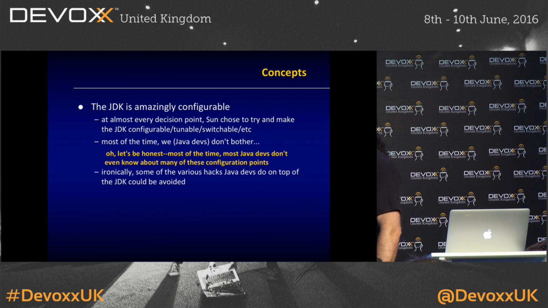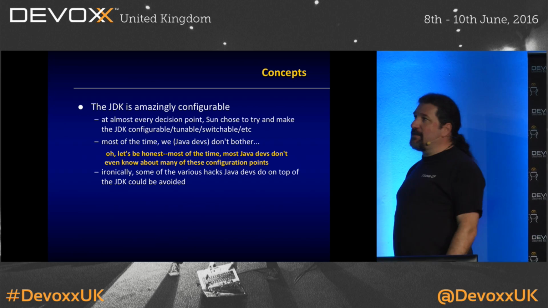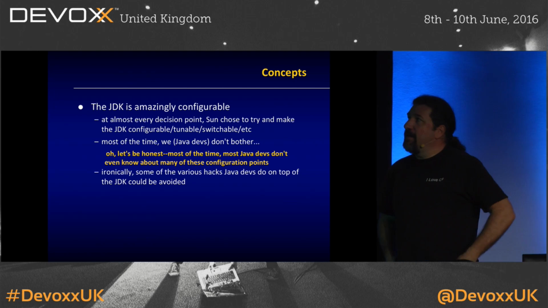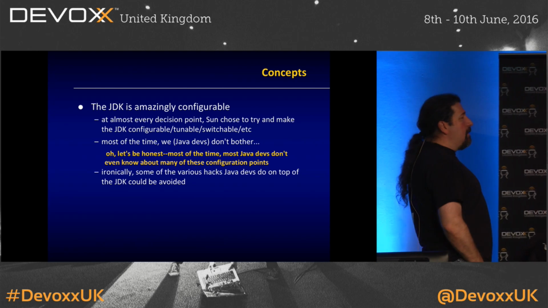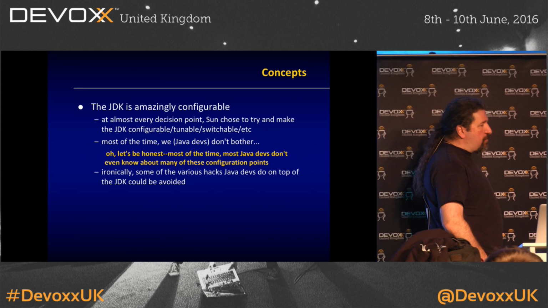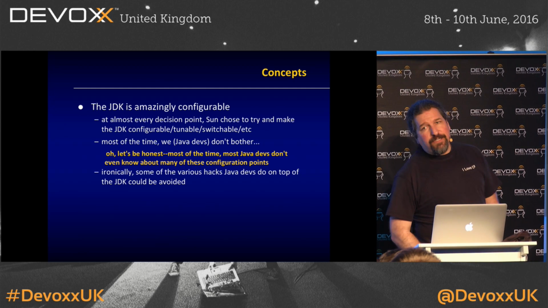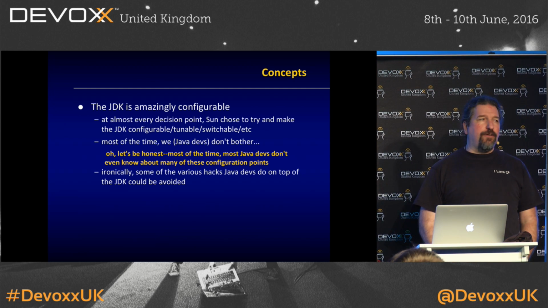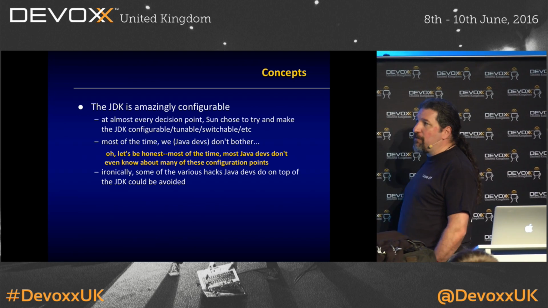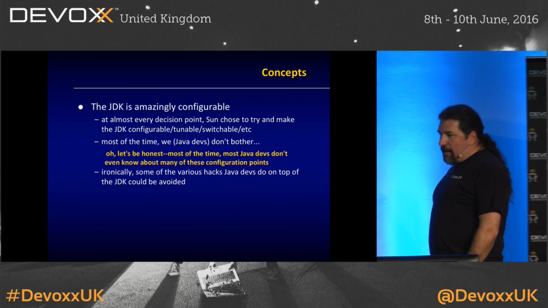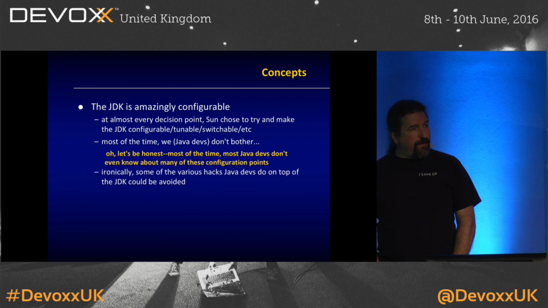The whole point of this particular session is basically to say that the JDK itself is actually an incredibly configurable environment. Sun really went to great lengths to try to make the JDK something that could fit a variety of different scenarios. And in some cases, I think we don't bother using a lot of those configuration points.